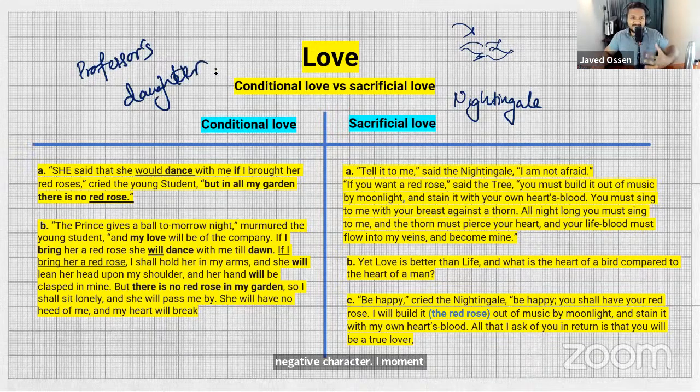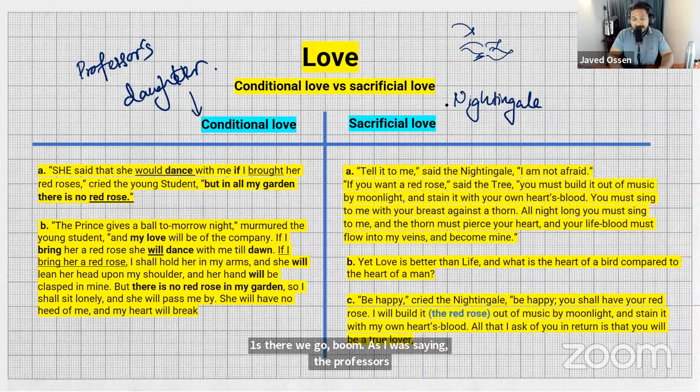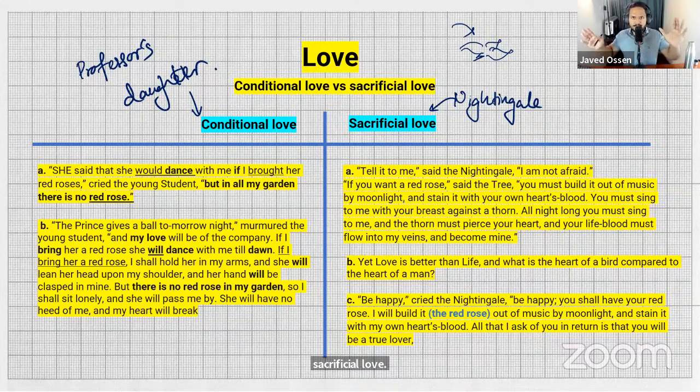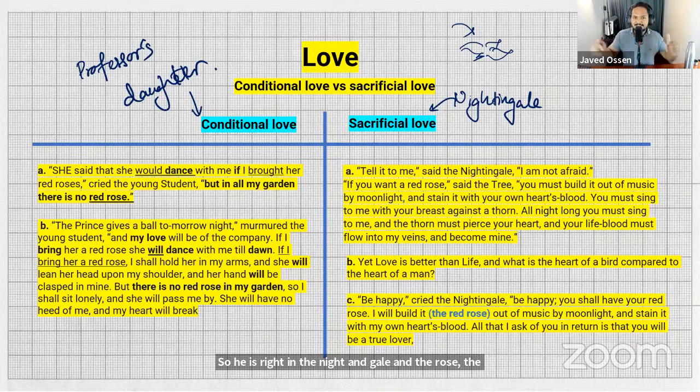As I was saying, the professor's daughter has conditional love, while the Nightingale has sacrificial love. So easy, right? In The Nightingale and the Rose, the grade 10 short story, under short fiction, the professor's daughter has conditional love and the Nightingale has sacrificial love. What do you mean by conditional love?